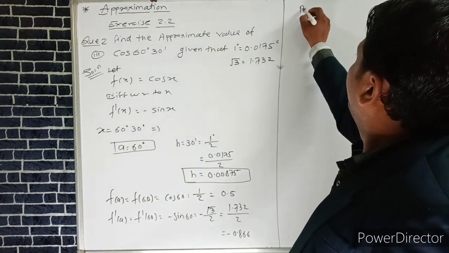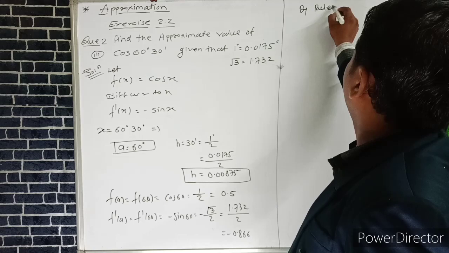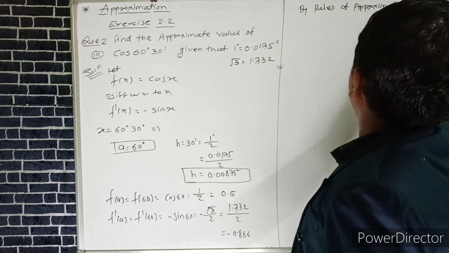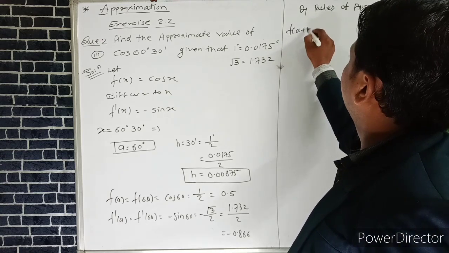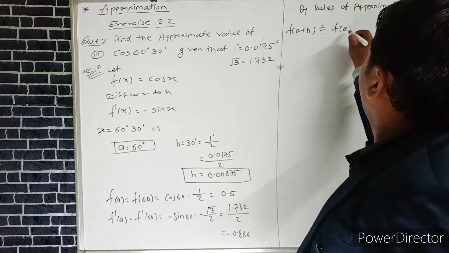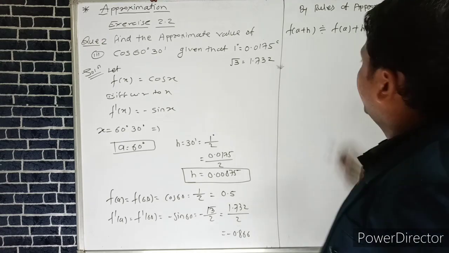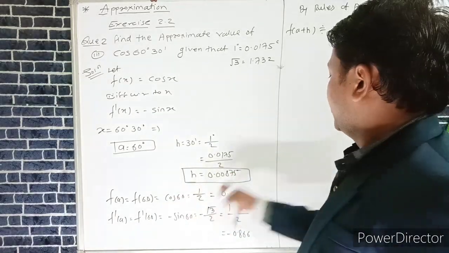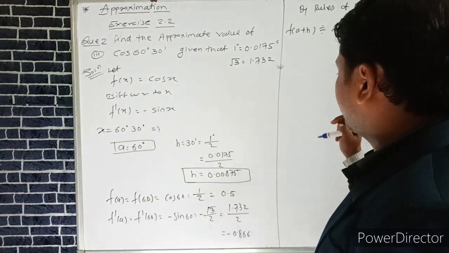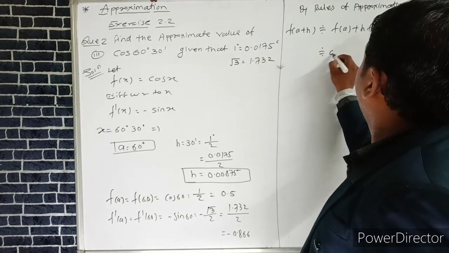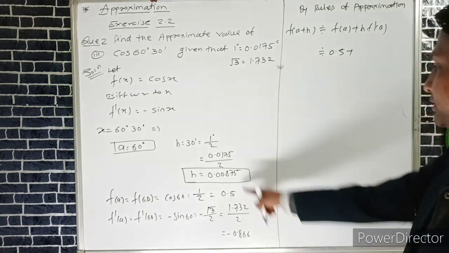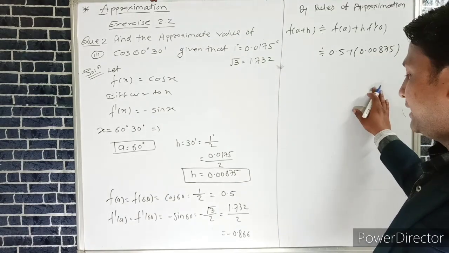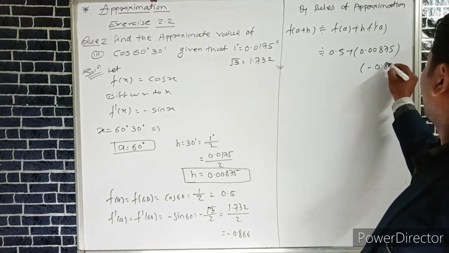So to find the approximate value of cos of 60 degree 30 minutes, by the rules of approximation, f of a plus h is approximately f of a plus h into f dash of a. Here f of a is cos of 60, which is 0.5, plus h, which is 0.00875, into f dash of a, which is minus 0.866.